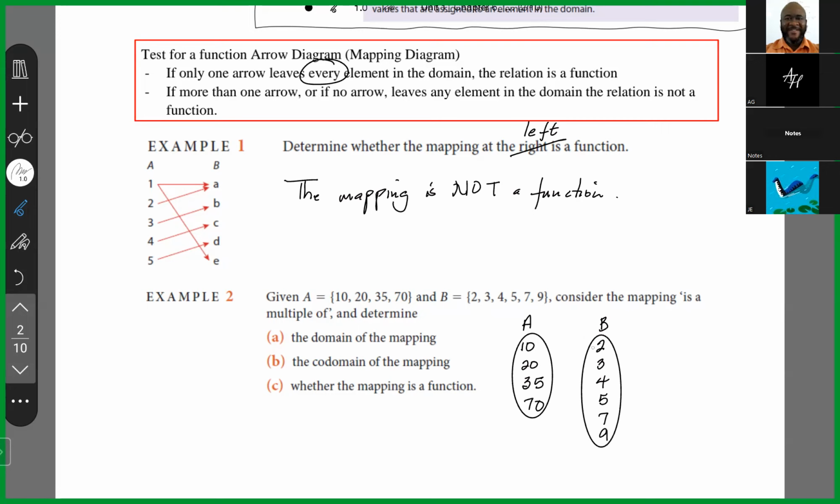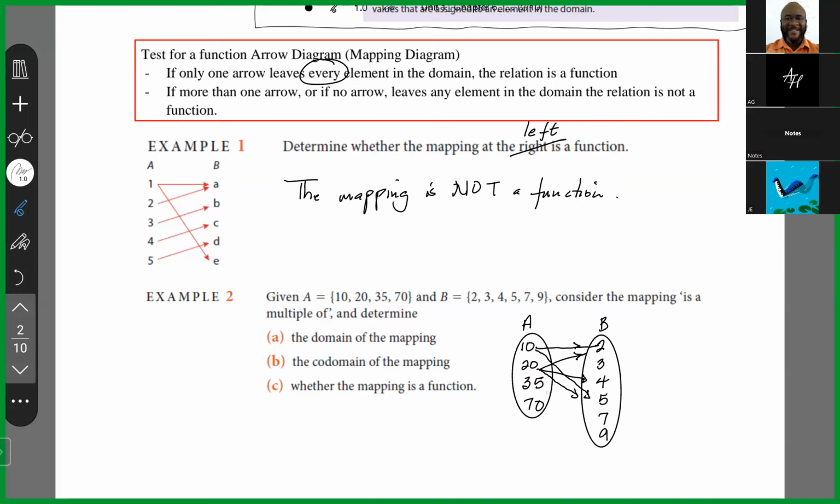If you consider that mapping, well, 10 is a multiple of 2. 10 is also a multiple of 5. 20 is a multiple of 2. 20 is also a multiple of 5. 20 is a multiple of 4. This might not have been necessary.